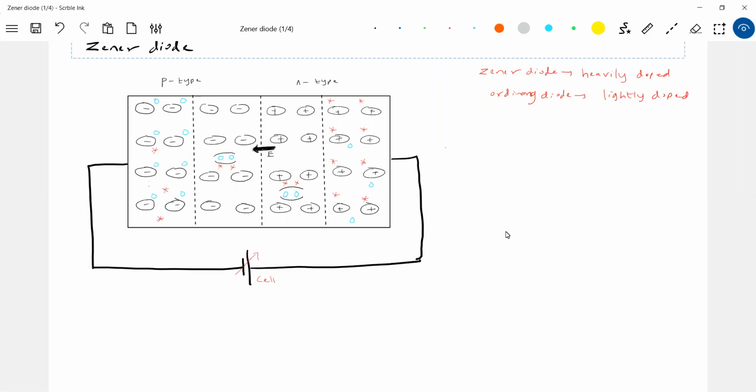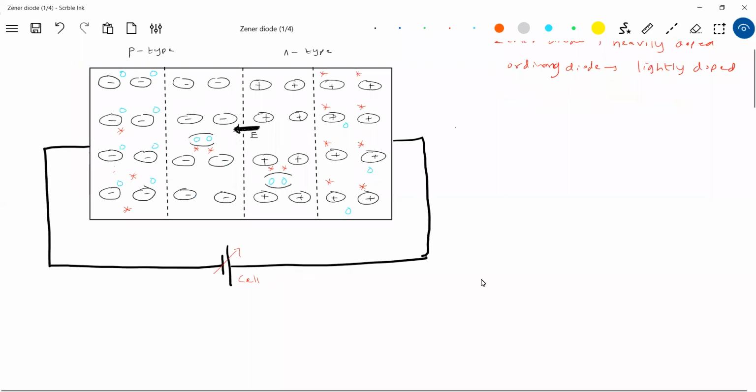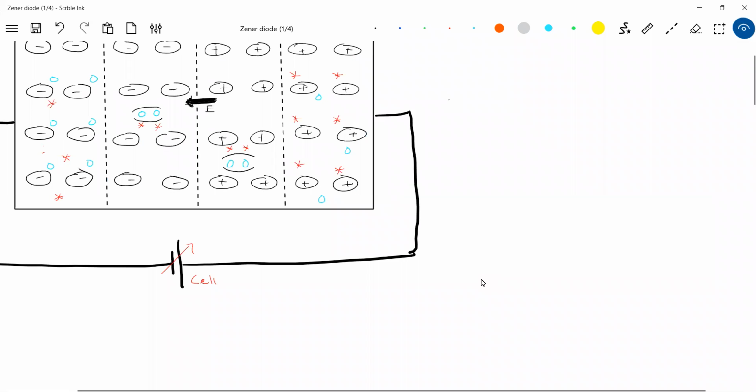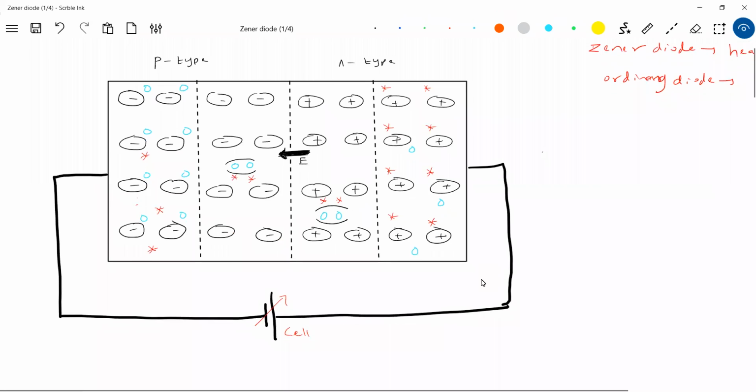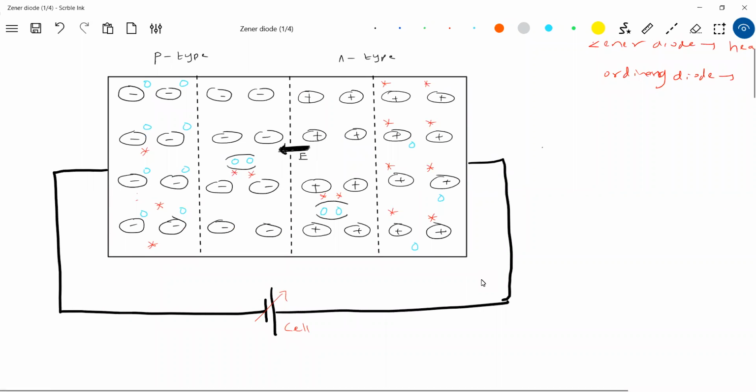What do you mean by reverse bias? The negative terminal is connected to the P-type and the positive terminal connected to the N-type. We already have some idea about reverse bias. Can you remember? As I increase the reverse bias, the most energetic electrons are able to cross.